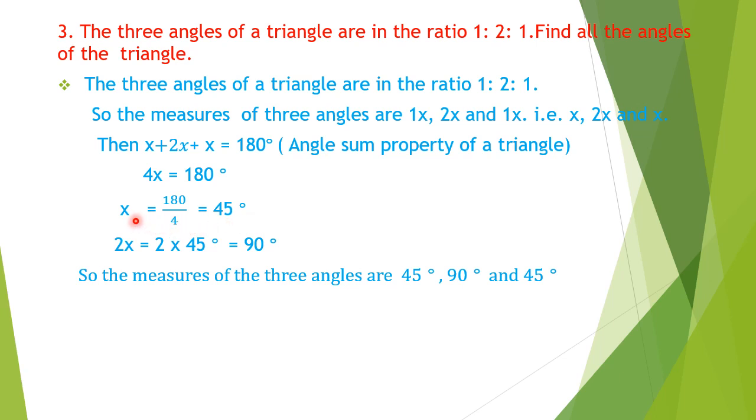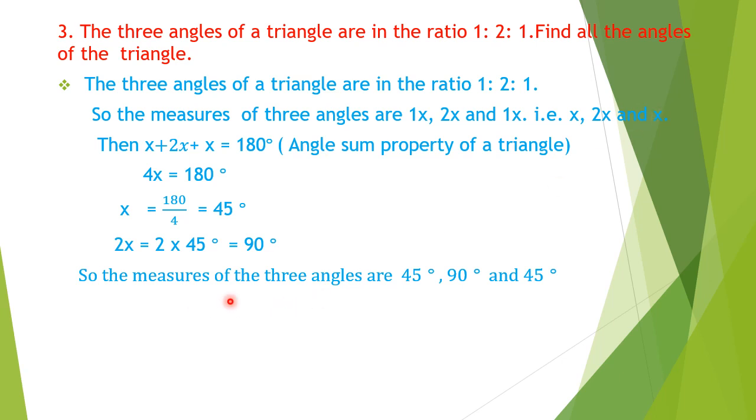And if we know x is equal to 45 degrees, that is one angle, it is x, so it is 45 degrees. The second angle is 2x, so substitute the x value, 45 degrees: 2 into 45 degrees is 90 degrees. The third angle is x, which is equal to 45 degrees.